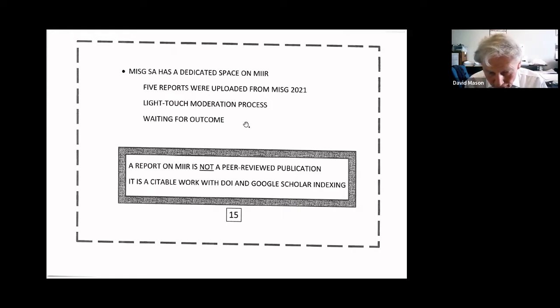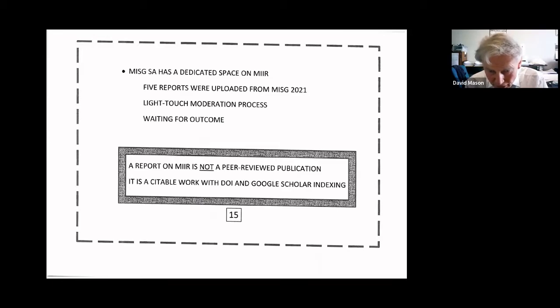And then we've got this important point. A report in MIIR is not a peer-reviewed publication. It's a citable work with DOI and Google Scholar indexing. So we want to see if we submit a report to MIIR and it's accepted, will journal editors still consider our paper?